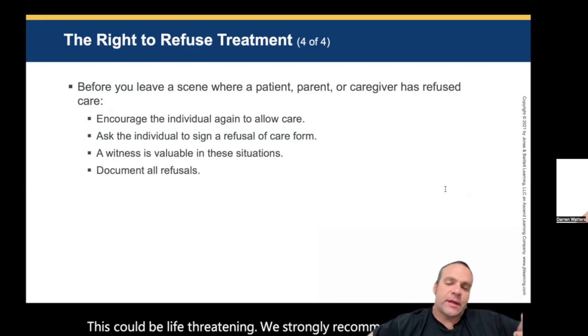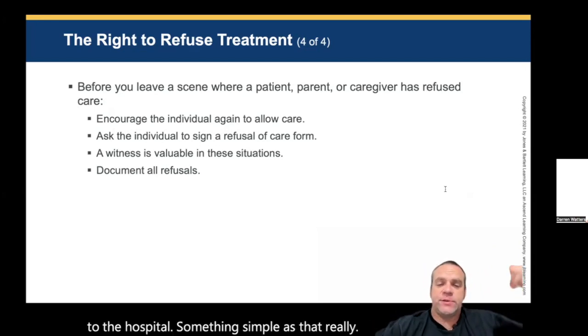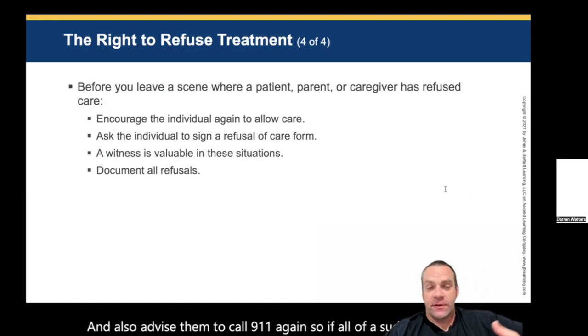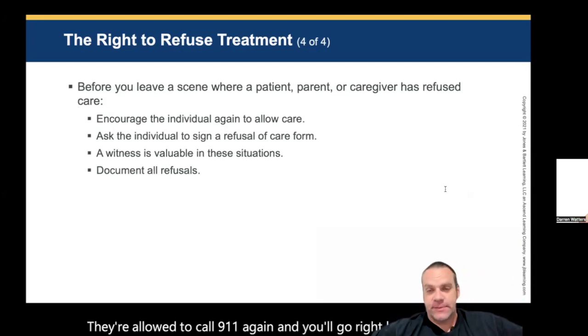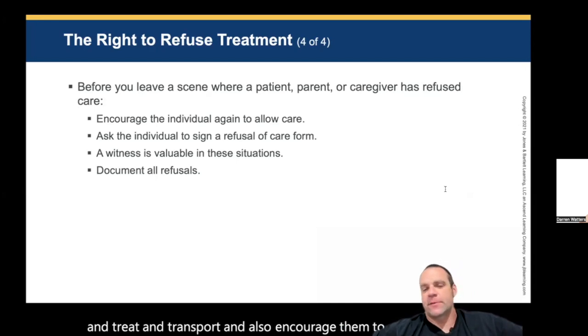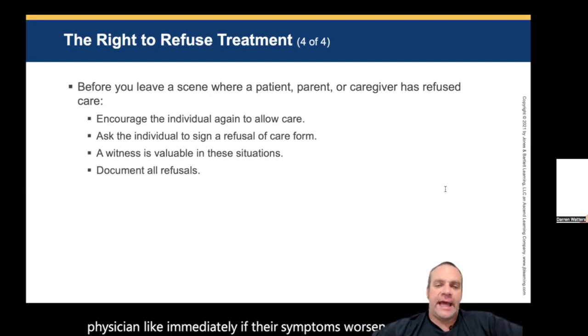Also advise them to call 911 again, so if all of a sudden they're feeling worse, they can call again and you'll go right back out there and treat and transport. Also encourage them to see a physician immediately if their symptoms worsen. Then have them sign the against medical advice form.